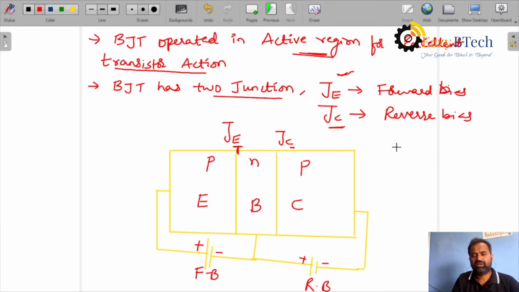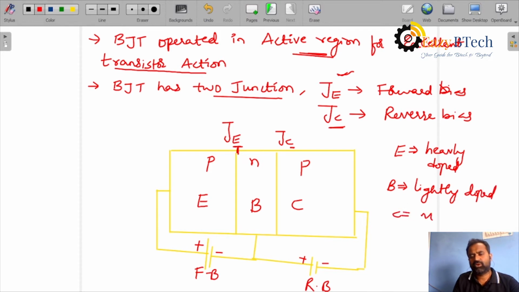Okay, we know that the emitter is a heavily doped semiconductor. Base is a lightly doped semiconductor. And collector is moderately doped.